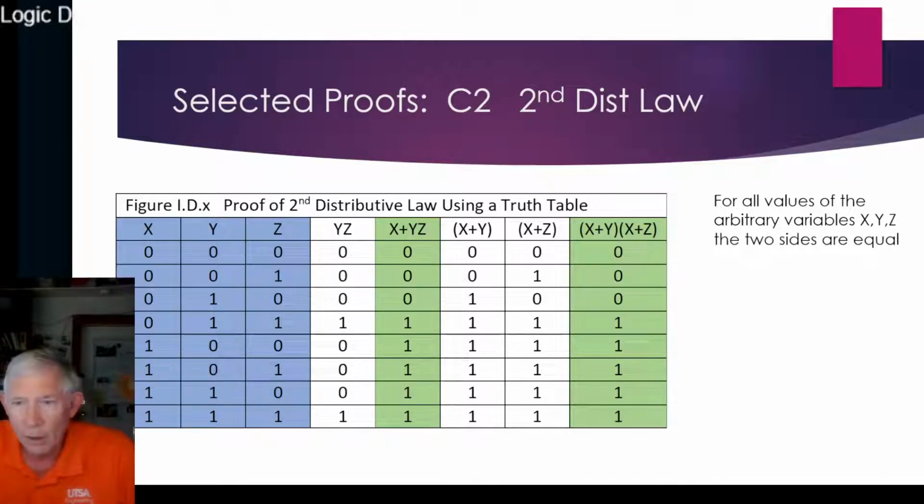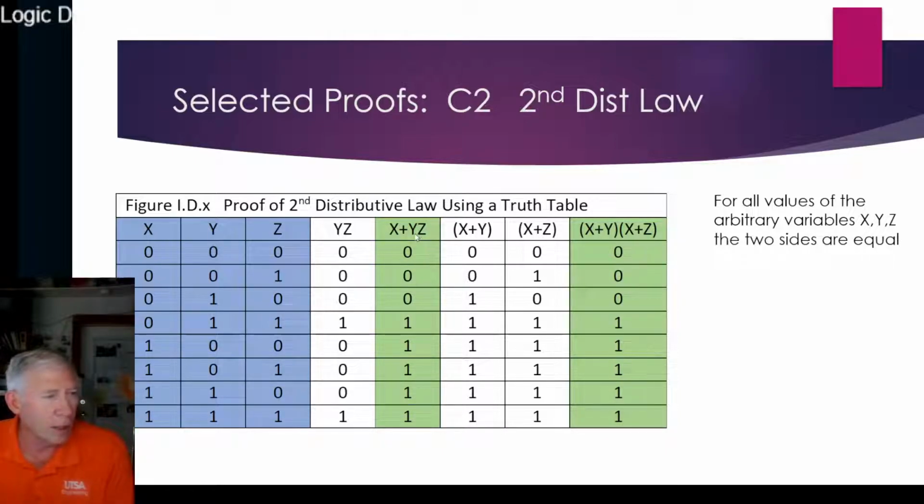Now, if you look at these 2 rows, we're going to AND them together and put them here. So 0 ANDed with 0 is 0. 0 ANDed with 1 is 0. 1 ANDed with 0 is 0. But 1 and 1 are 1, 1 and 1 are 1, and so forth. And now we compare our 2 green columns, the left-hand side to the right-hand side. If these 2 columns match, then we know that we've proven our function.